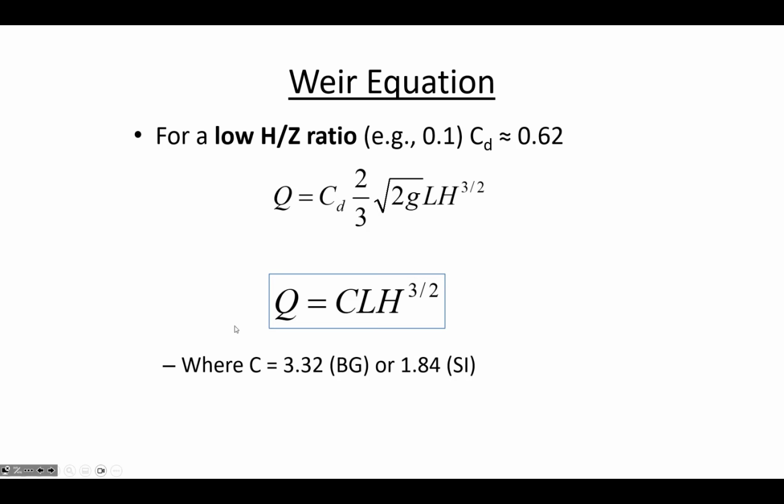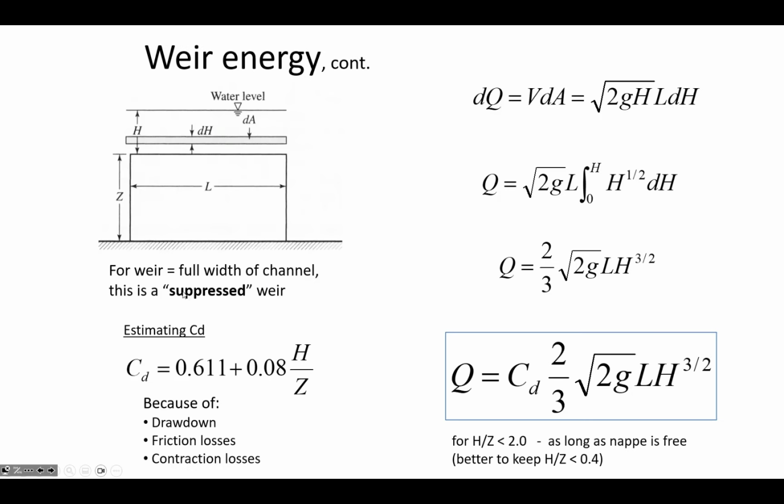Now this is the formula for what we call a suppressed weir. And just to illustrate what a suppressed weir is, if you have water flowing through a channel, so this is a top view, and the water's going downstream, and then here's the weir, and the weir is the same length as the channel.